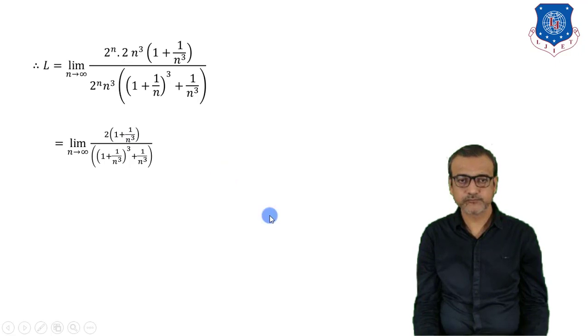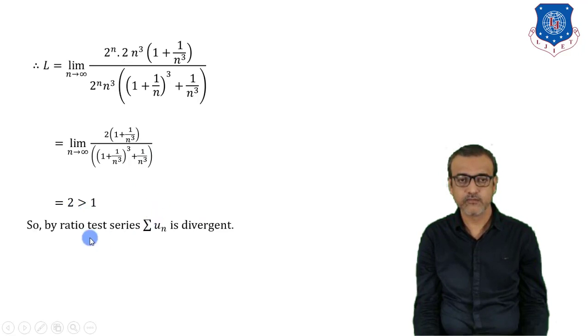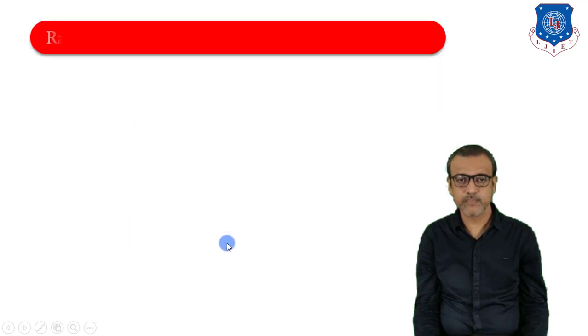So we have 2 into bracket 1 plus 0, so this is 1 and 1 into 2 is 2, divided by 1 plus 0 the whole raised to 3, which is 1. The overall result is 2, which is greater than 1. So by ratio test, series sigma un is divergent.